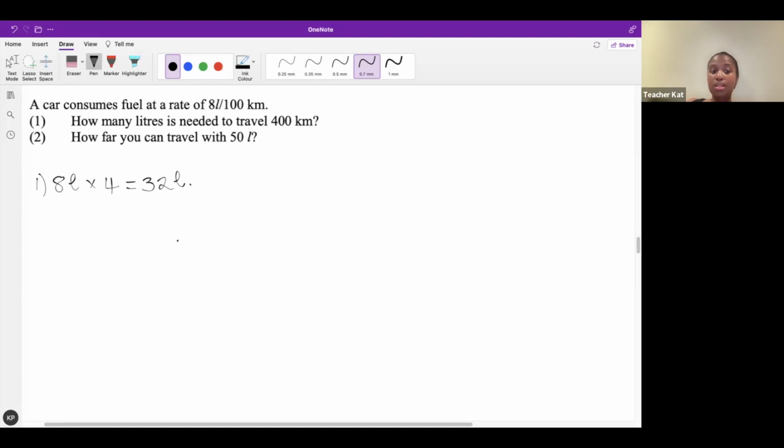Now, the next one is a little bit tricky because we can't exactly go straight from 8 to 50. So how do you guys think we can solve this one? Eight liters per 100 kilometer.